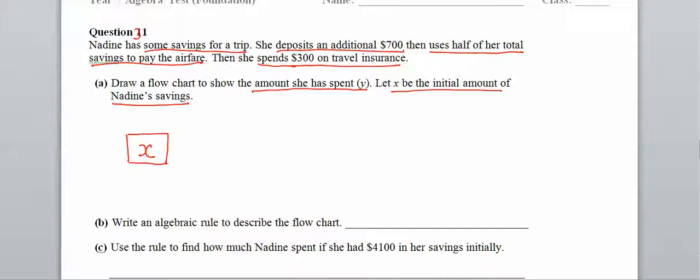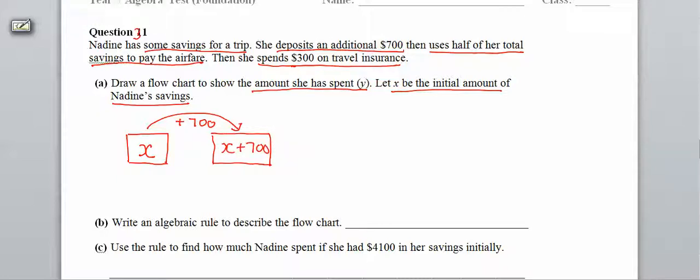So if we go back to the first part of the question, she deposits an additional $700. So this means she has added $700 to her initial savings. And this gives us, in our next part of our flow diagram, X plus 700.